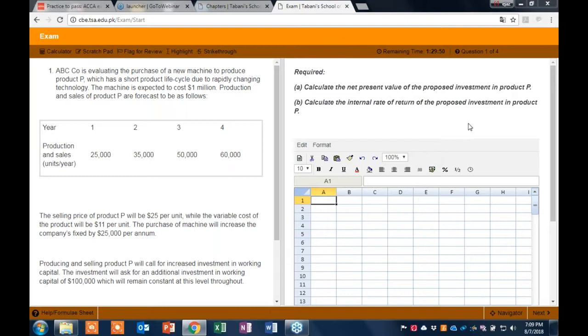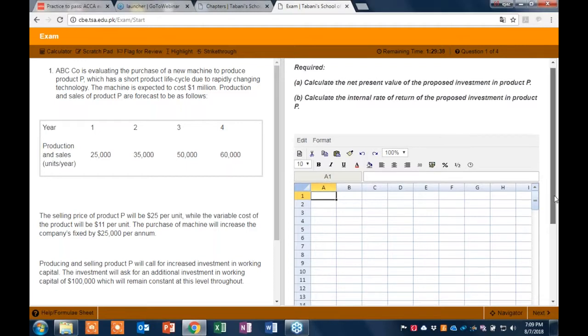I'm sorry, I was just fixing the problem. There's some technical problem with the browser. So let's start again, and I hope it does not get hanged this time.